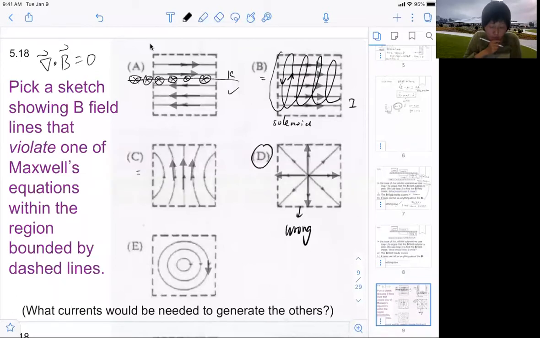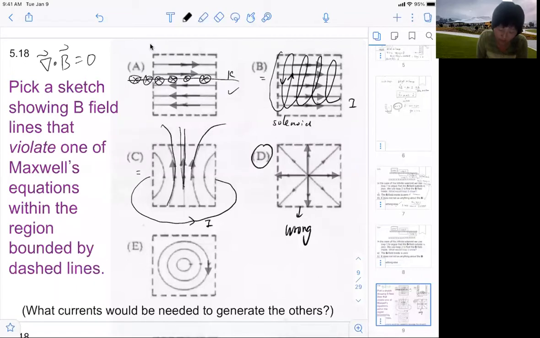And what about C? Okay, Benjamin says a wire loop, very good. If you have a current loop, and if you still recall, the magnetic field lines coming out of the loop are kind of like this. E is like this. Yes, that looks like it will give us C. So it's a loop of current.